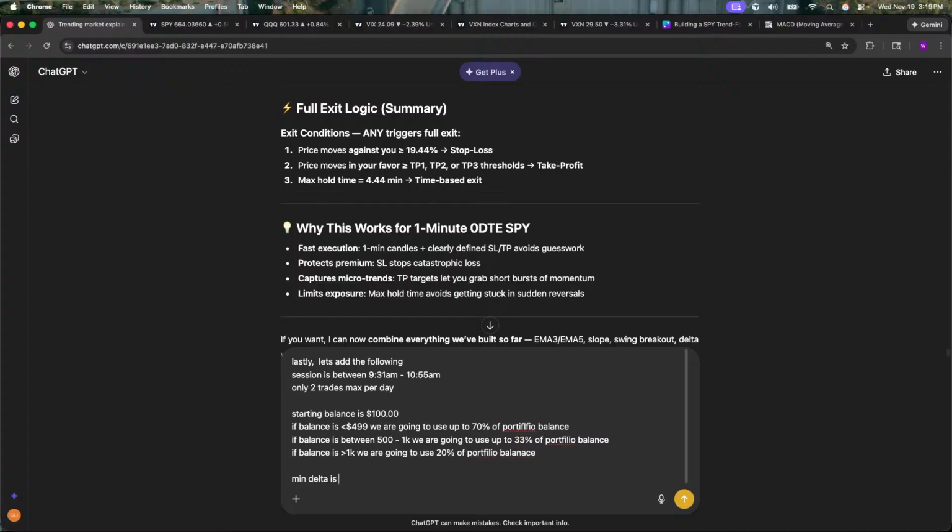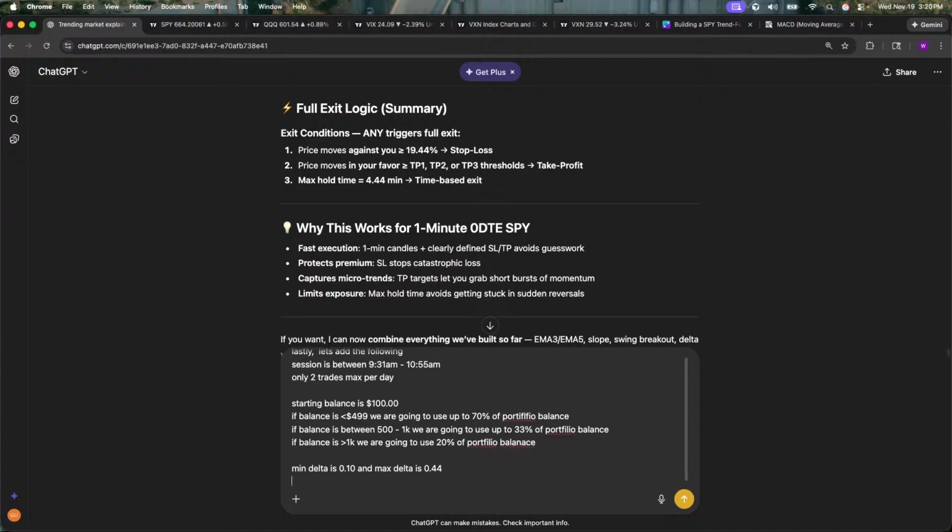Min delta is 0.1, and max delta is 0.44. Strike. Hold on. What am I saying? Premium min is 0.05, and premium max is 0.88.